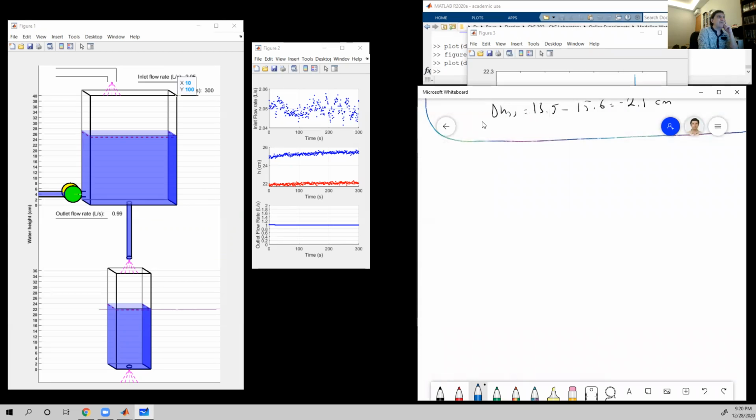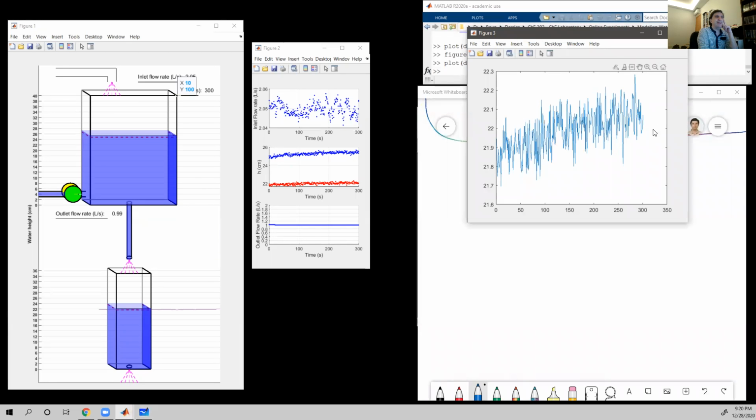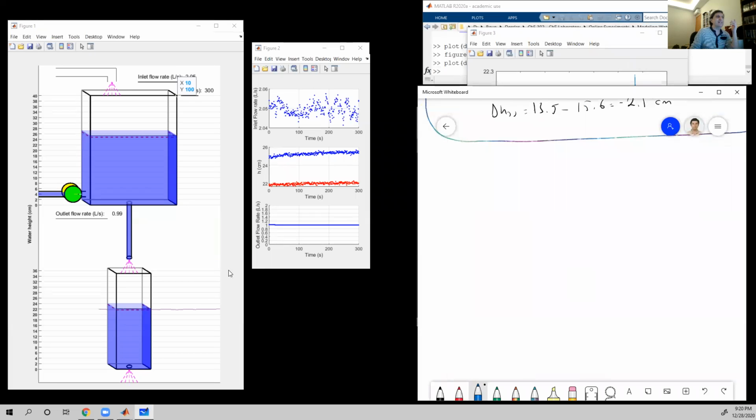For instance, when we would like to find the Kp value here, Kp is going to be equal to delta y, or delta h for this specific question, between steady state values, over the delta u value. And remember that there is no noise on the delta u value. I have especially given no noise in the outlet flow rate, so all the noise is in the delta h value. And the trick is this: if you give a small delta U value, the real change in delta H will be small.